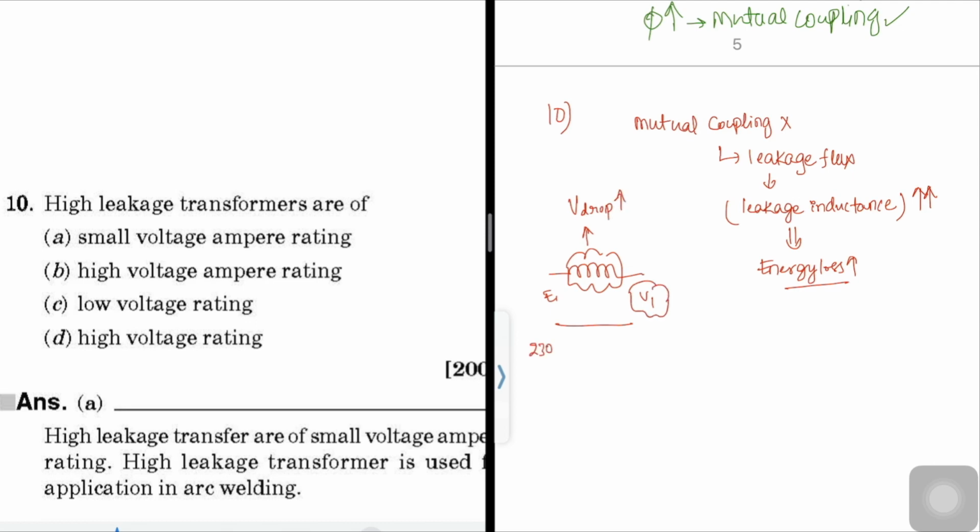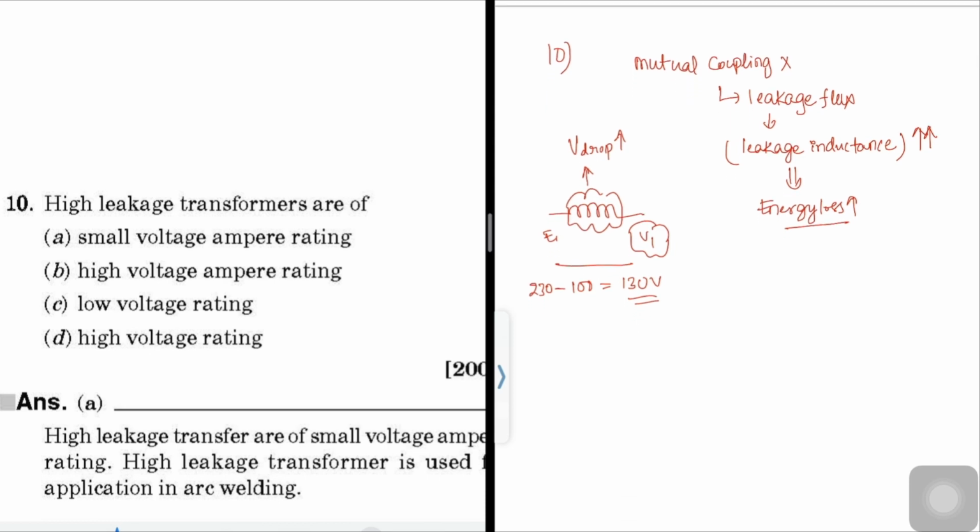Suppose it is 230 volts and the drop is 100 volts, we only get 130 volts, right? So due to the high leakage inductance, or high leakage flux, the voltage we get will be less.